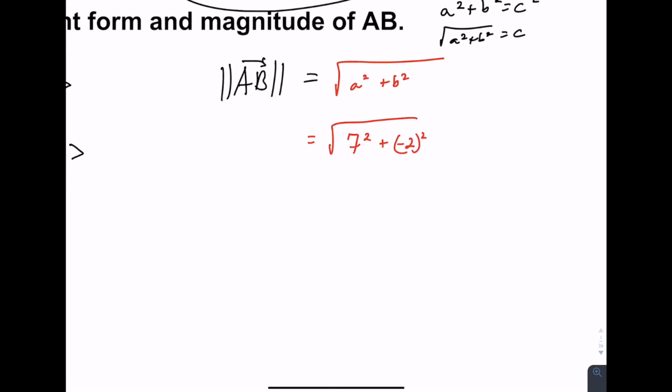Now you can use your mental math. What's 7 squared? That's 49. And -2 squared is 4. So then square root of 53. And that is the magnitude of this line. Okay, the square root of 53.